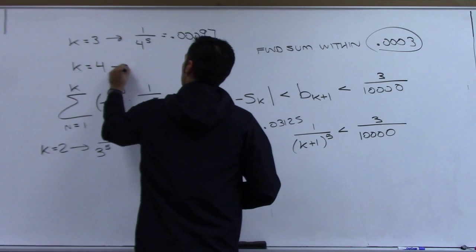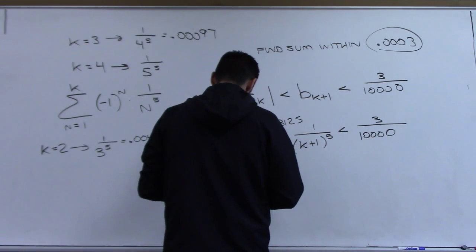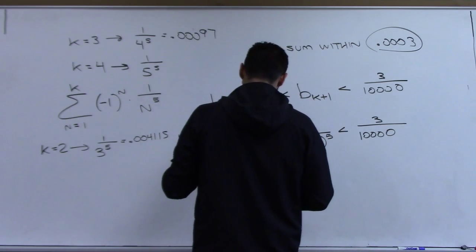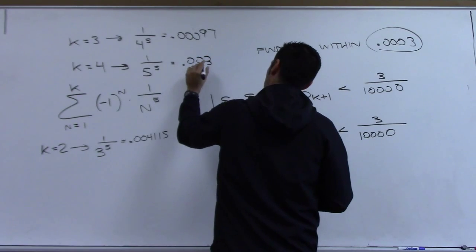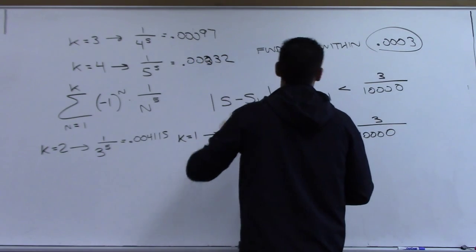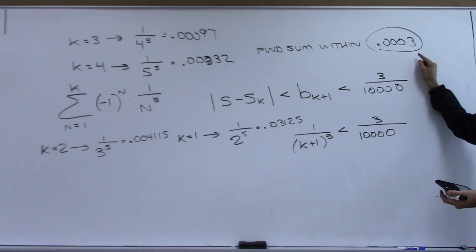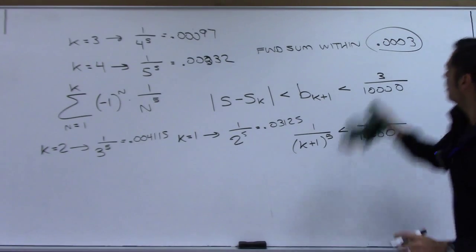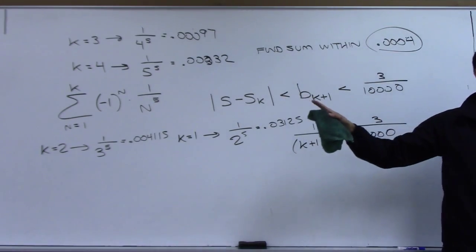K is 4, which is 1 over 5 to the 5th, which is 0.000, I don't know, I'm getting 3.2. That's bigger than this, right? A little bit bigger. Yes? Okay, I'll change the problem to 4. There.